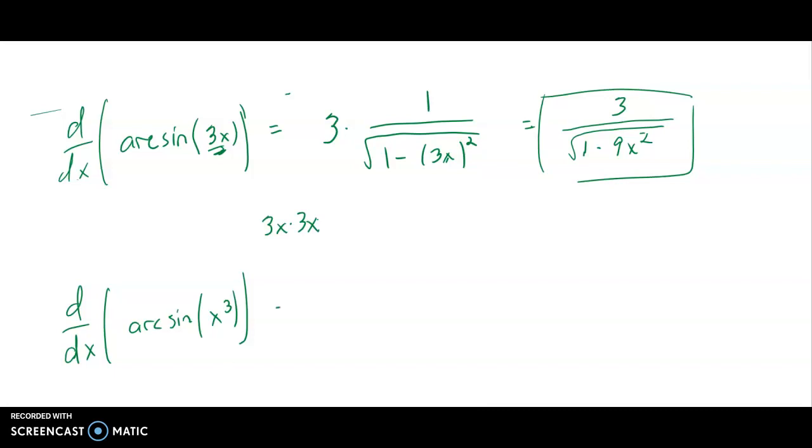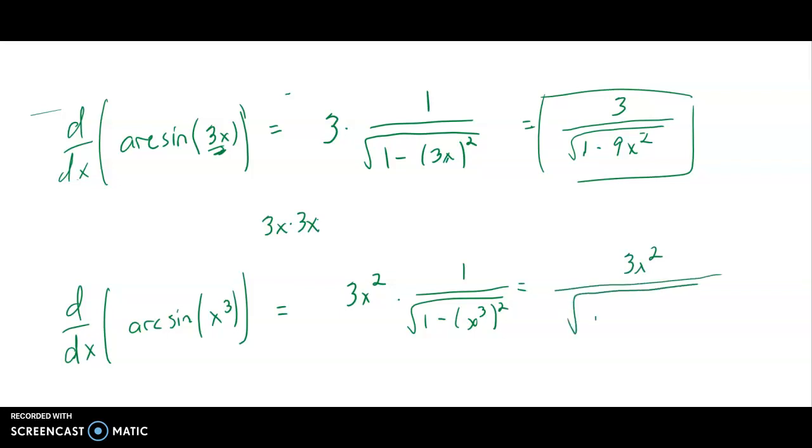Okay, I'm going to go ahead and do it. The derivative of the innards is 3x squared, so I'm going to get 3x squared, times the derivative of the outer, which is 1 over root 1 minus 'of' squared. What goes in there? X cubed. So when I simplify this, I get 3x squared in the top. In the bottom, I get a square root of 1 minus.